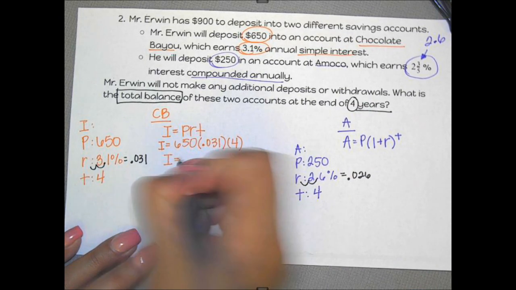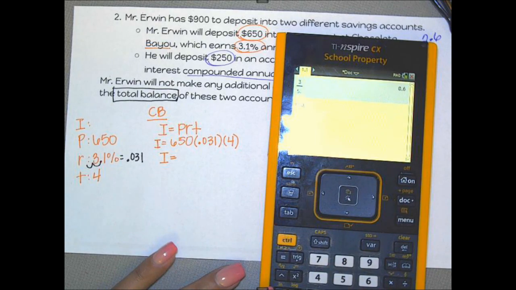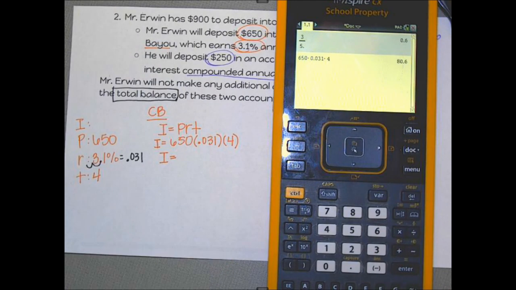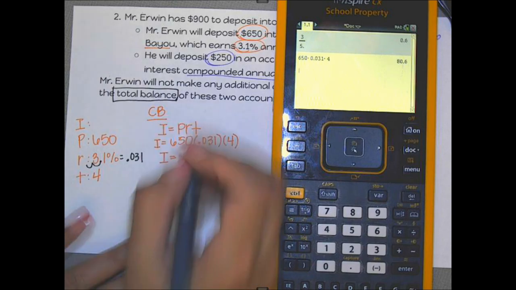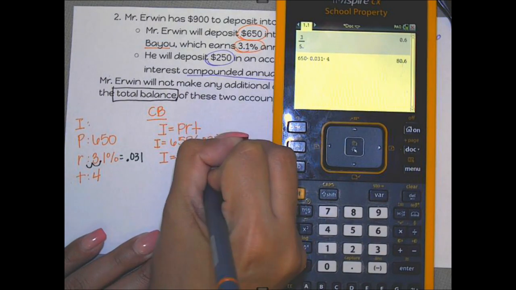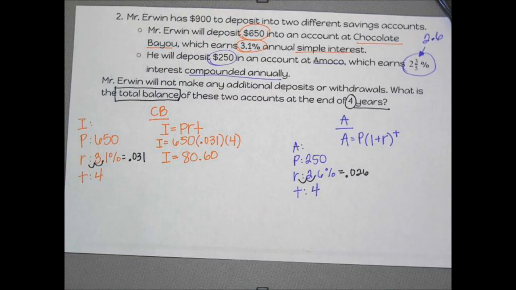So when I plug that into my calculator, I'm going to get 80.6. Now I know this is money, so I'm going to go ahead and put the 0 at the end. And then I'm going to move on to the Amico account.